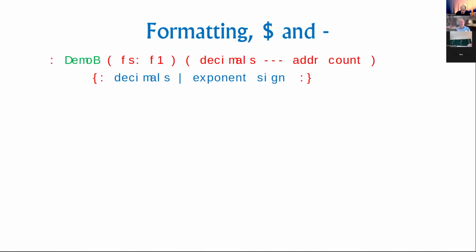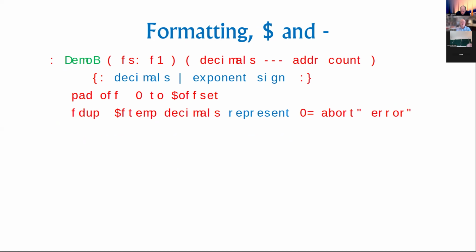When you want the exponent, you just call exponent and you've got it. So the locals in this case accept decimals from the input, and then exponent and sign are declared but not initialized. This is the setup. Pad off sets pad as a 0 length string, and then 0 to offset initializes our input scanner.